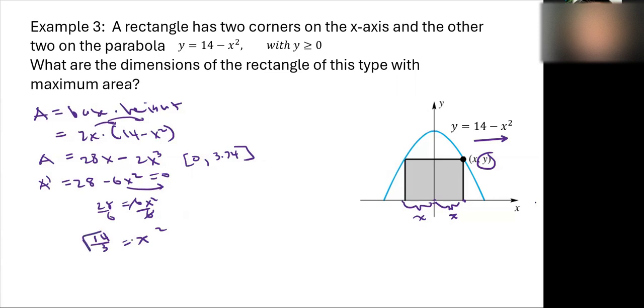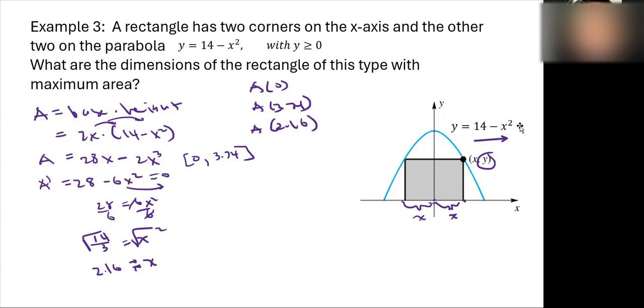Okay, and then we're going to take the square root on both sides. Okay, so when we do that, we get about 2.16. All right, so now we found the other critical point, and now we're just going to plug this into the original function. Okay, so we're going to have A of 0, A of 3.74, and then A of 2.16.